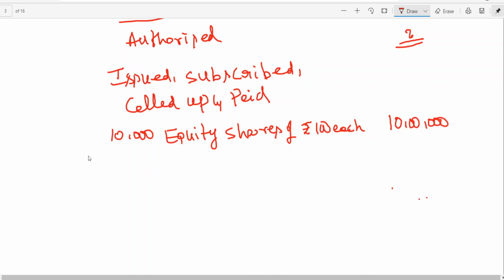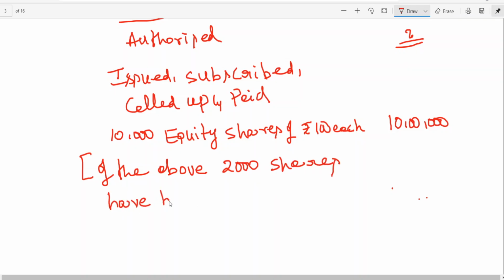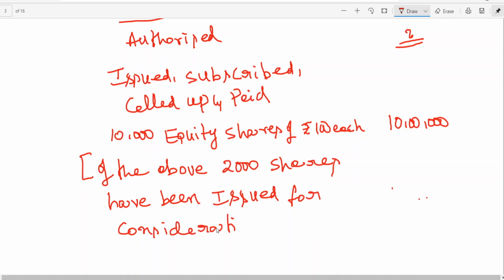So, of the above, 2000 shares have been issued for consideration other than cash. That information you should give.